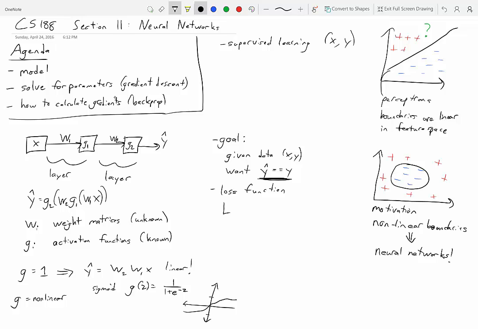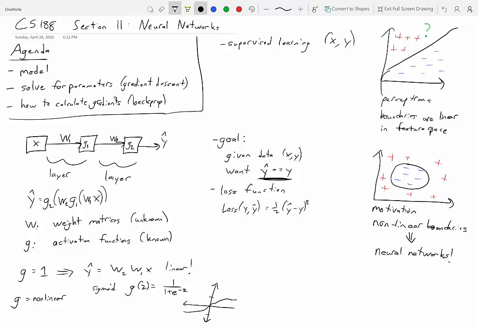So an example of a loss function. I'll write it as loss of the true label and the estimated label could be something like this: 1/2 (y hat minus y) squared. So this is like the Euclidean distance between the two.